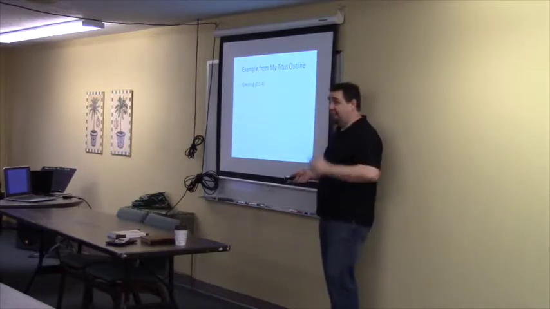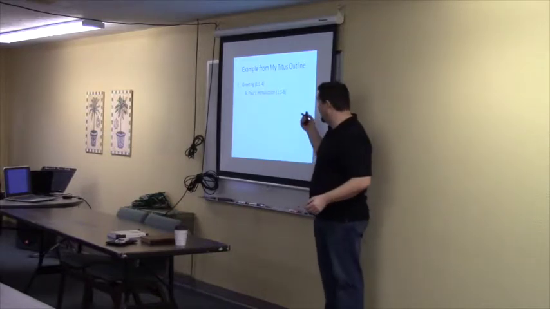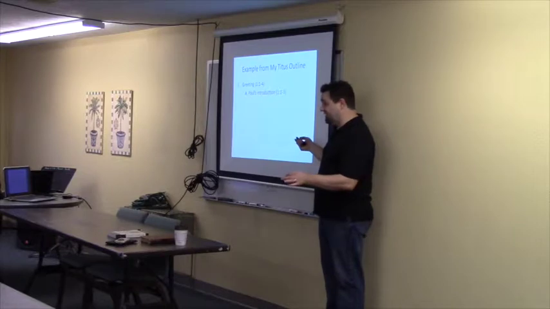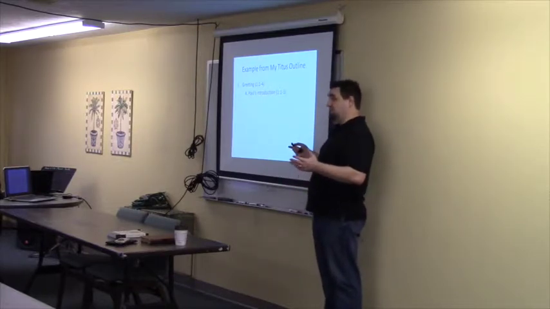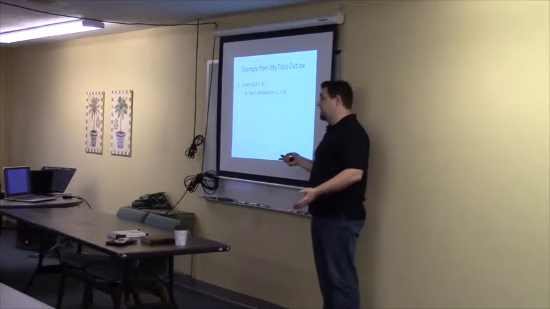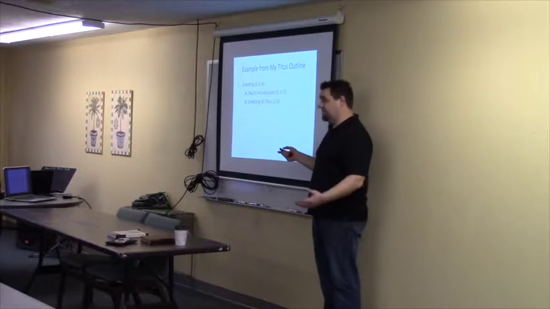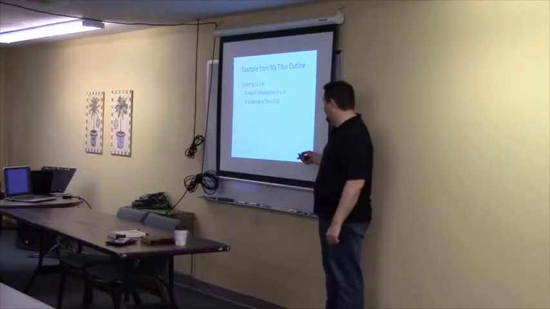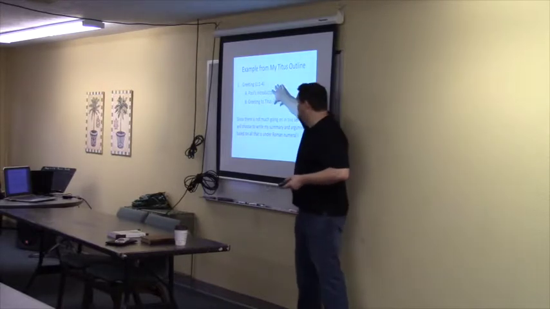This is from my Titus outline. I've got greetings, Titus chapter 1, verses 1 through 4. In verses 1 through 3, Paul has this pretty big introduction about himself and his purpose. And then his greeting to Titus, my child in the faith, takes up one verse. There's not a whole lot going on in this section. It's 4 verses.